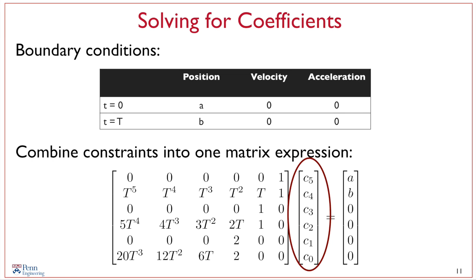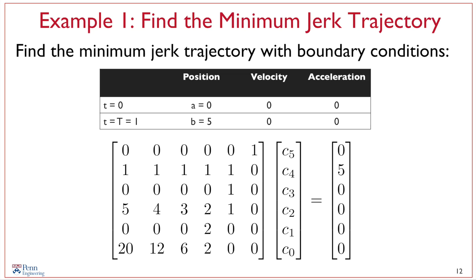Let's consider an example. Here, big T equals 1, A equals 0, and B equals 5. We can substitute these values into the expression from the last slide to get the following matrix problem. If we denote the 6 by 6 matrix on the left-hand side as A, and the 6 by 1 matrix on the right-hand side as B, we have a problem in the form AX equals B, where X is the matrix of unknown coefficients.